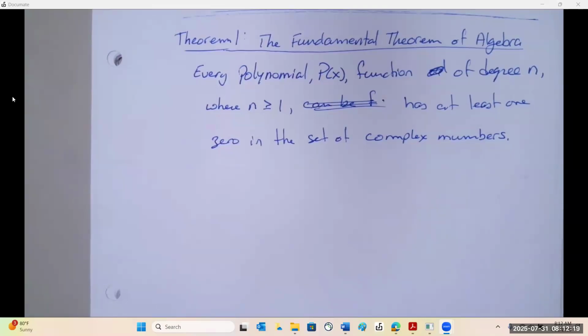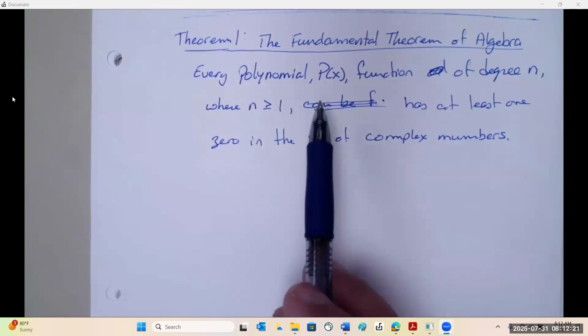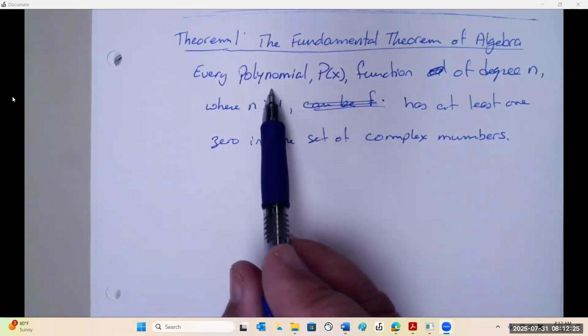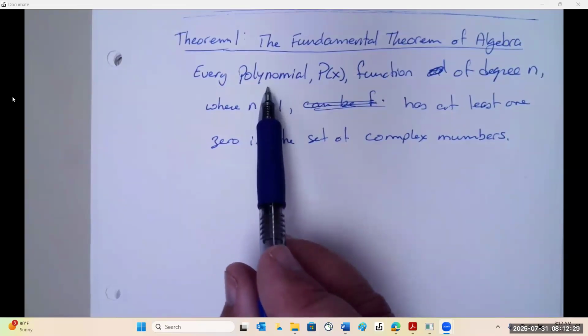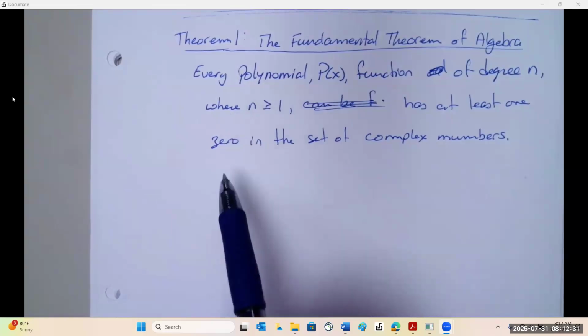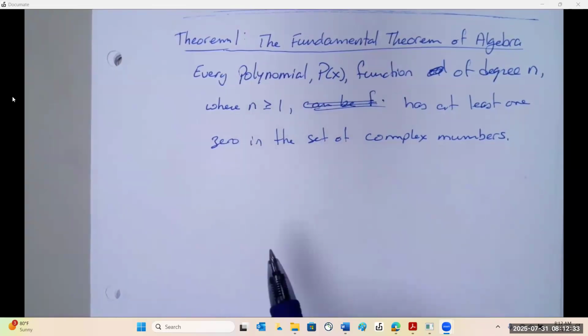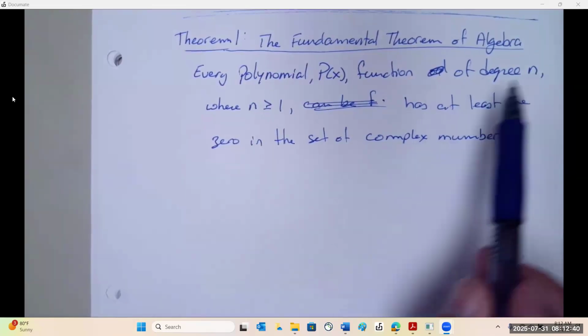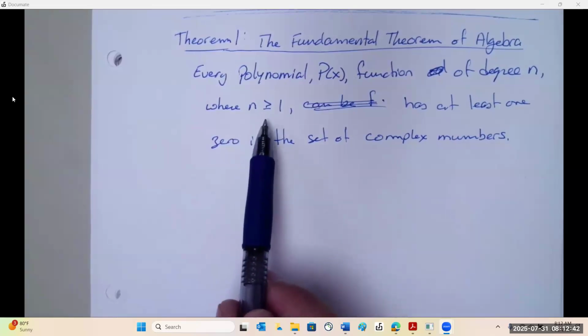So what does this mean? Every polynomial, p of x, what's a polynomial? Multiple terms. Is x squared a polynomial? Yeah, it's a monomial. That's a polynomial of degree n. Why does n have to be greater than or equal to 1?